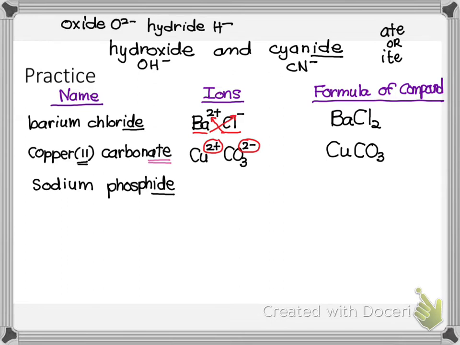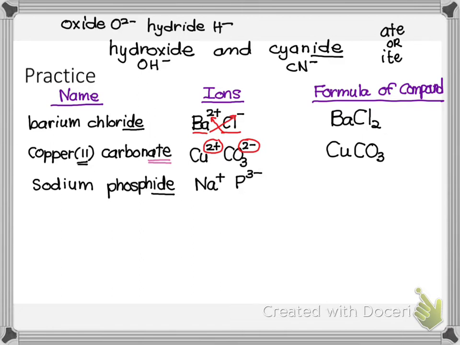So if I saw sodium phosphide as my name, sodium is in the first group of elements, so it has a 1+ charge. And phosphide is from phosphorus, and it's in group 5A, and they have a 3 negative.